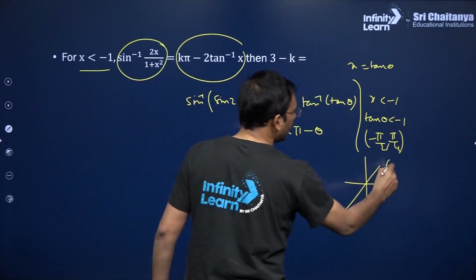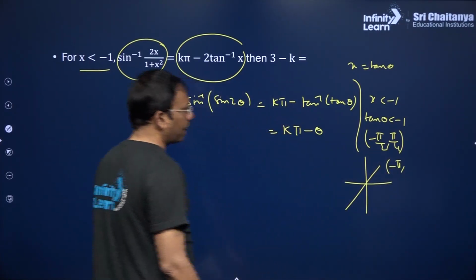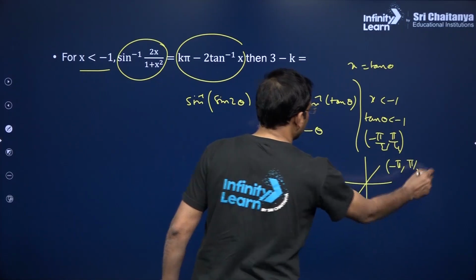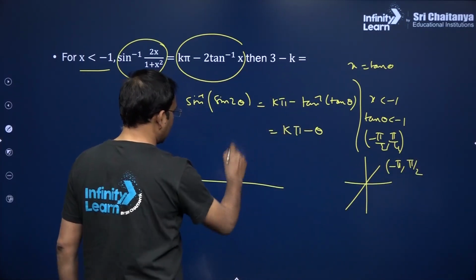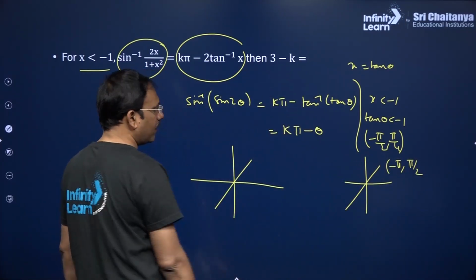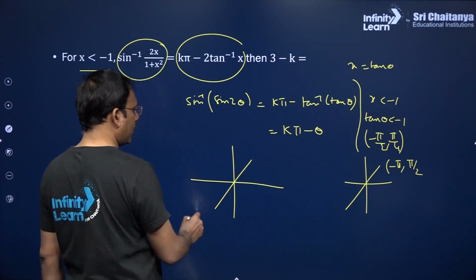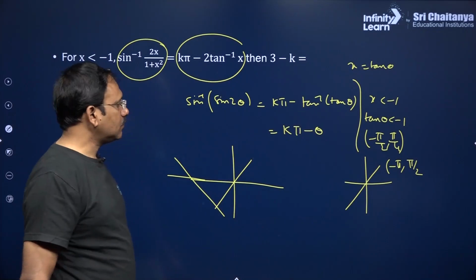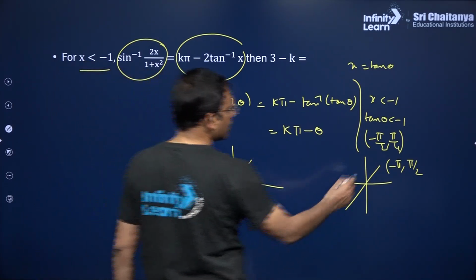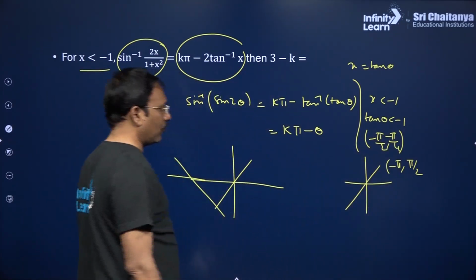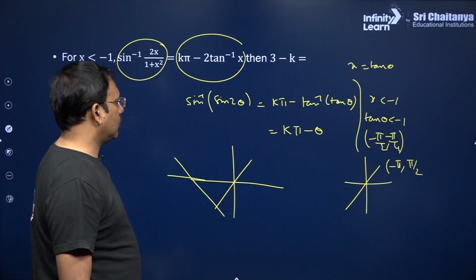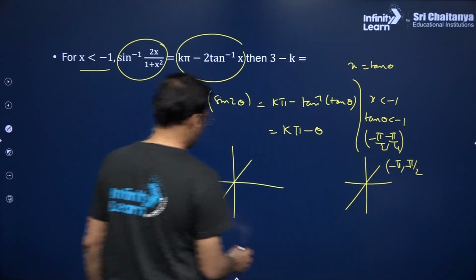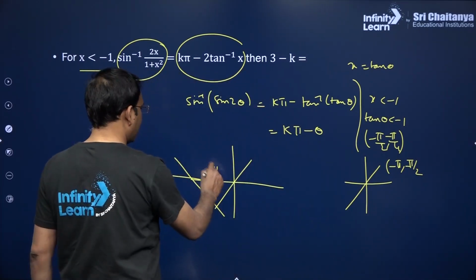2 theta will be in minus pi to minus pi by 2. I can say, my dear friends, pi by 2, minus pi by 2. So the sin inverse of sin x graph is from minus pi by 2 to pi by 2. Tan theta less than minus 1 means theta from minus pi by 2 to minus pi by 4, my dear friends. So 2 theta is from minus pi to minus pi by 2. The graph comes like this, with minus pi and minus pi by 2.